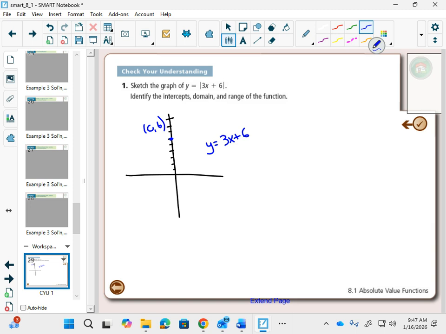I know that my slope is 3 and it's positive, so I can either go up 3 over 1 or down 3 back 1. And I really want to find my x-intercept, which happens to be at negative 2, 0. I found my x-intercept by using the slope. I could also find it by plugging in 0 for y and solving for x.